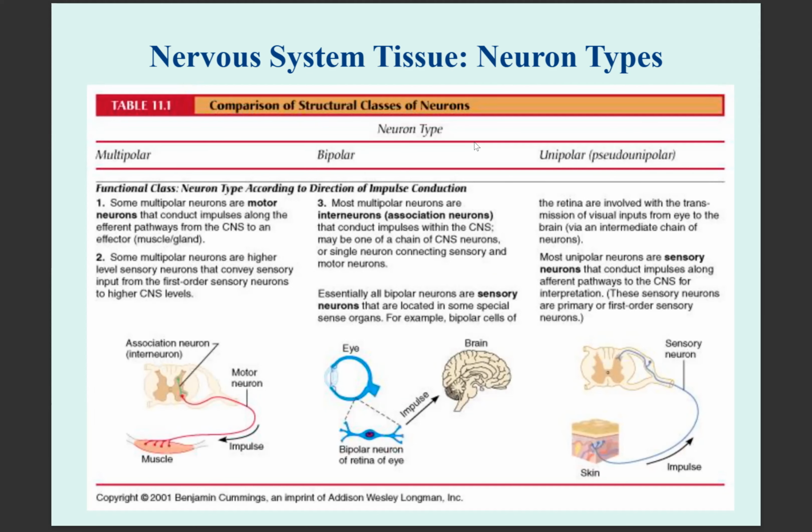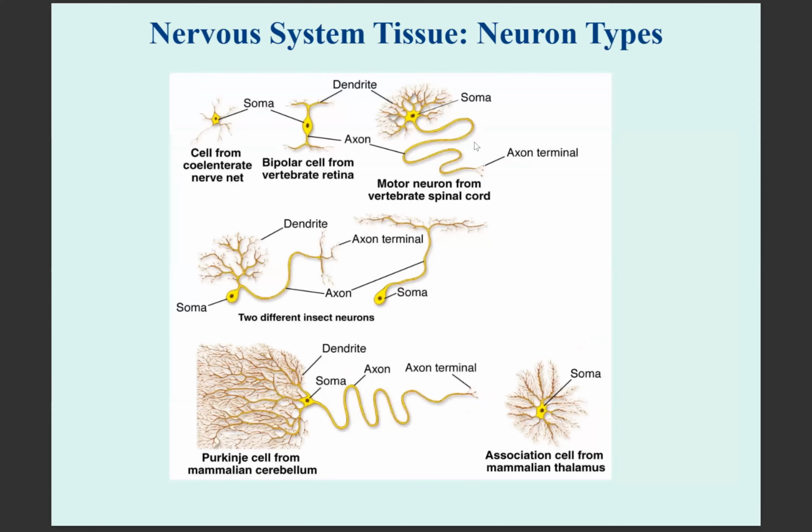At times we could also have some of them be motor. That is one thing we have to know. Most multipolar neurons are basically motor neurons. So just continuing with neuron types, we can have a look at this and then do research on them, to know why they look like that and where we can find them.